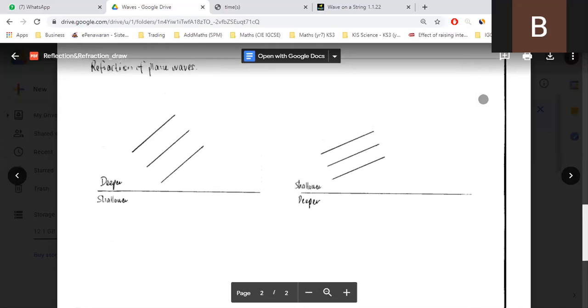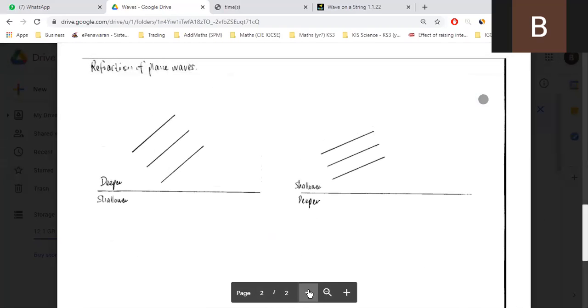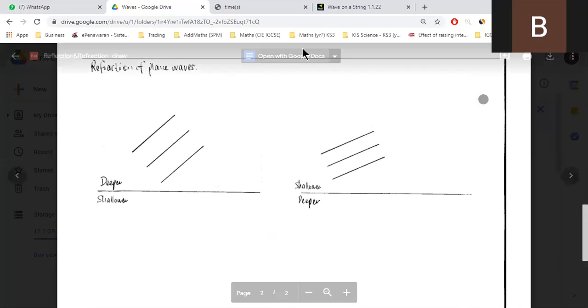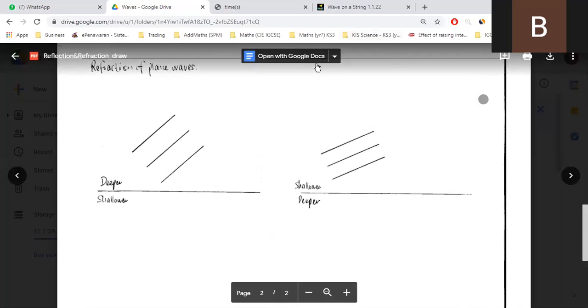Okay, we still have 15 minutes. Let me finish this. Okay, refraction of plane waves. Circular waves we don't need, we only draw plane waves. The diagram on the left is from deeper to shallower. First step, we draw the propagation direction.